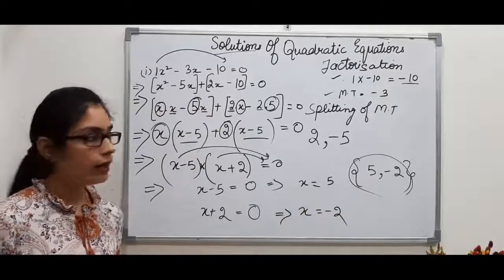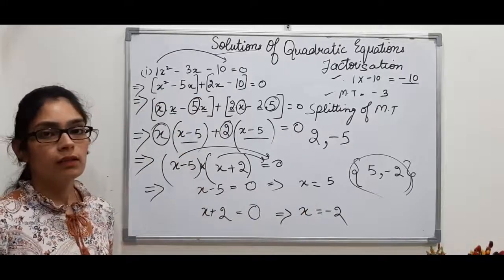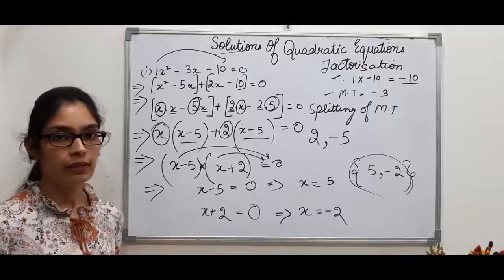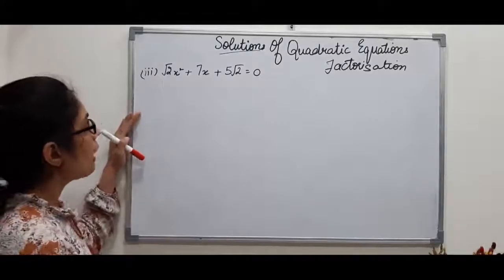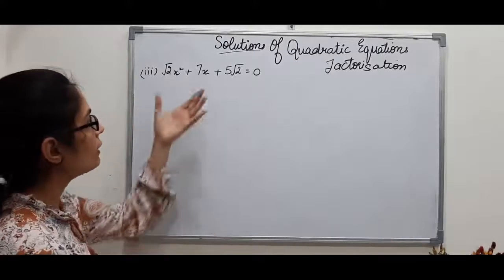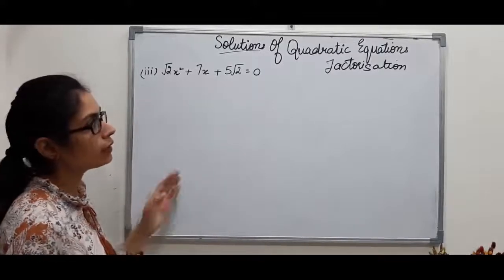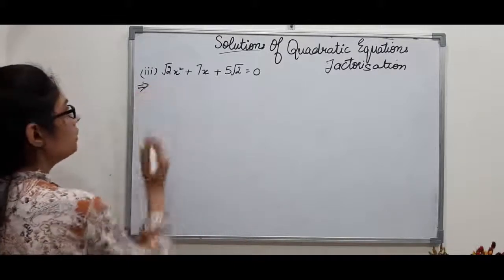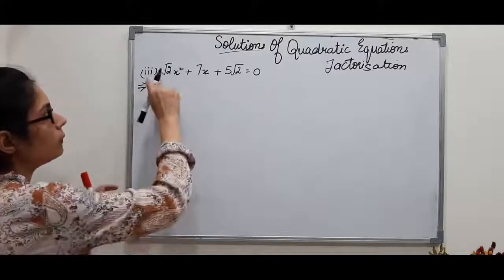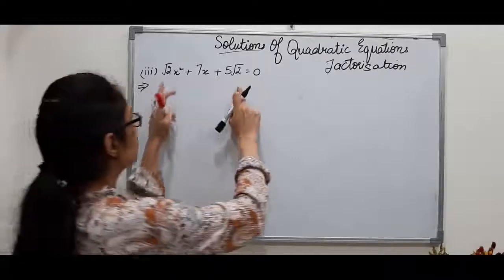Now let's do another sum to understand factorization in a better way. Let's do part third now. Again we have to find the solution of this quadratic equation by factorization. So we will start from the same step. First of all, we will multiply the first term with the last term.